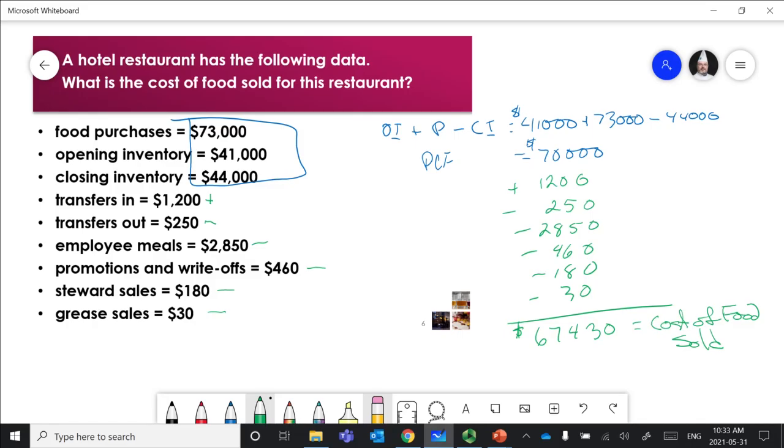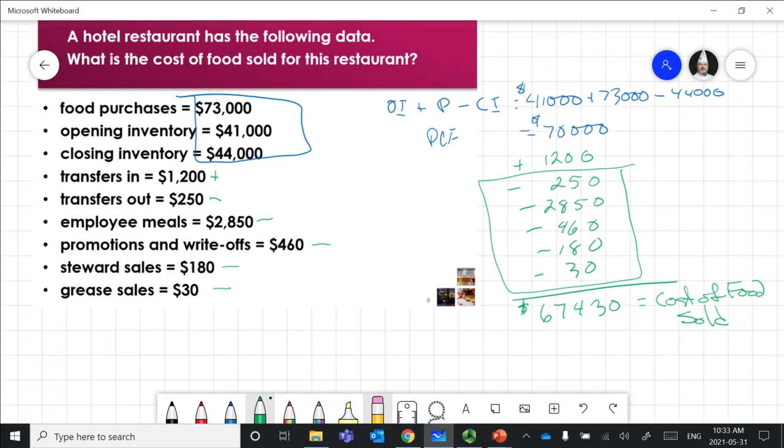Taking into account all of those credits and all of those debits, right? So these we refer to as credits because they've decreased our cost of food, right? This is a debit because it increased our cost of food, right? That $1,200, right?